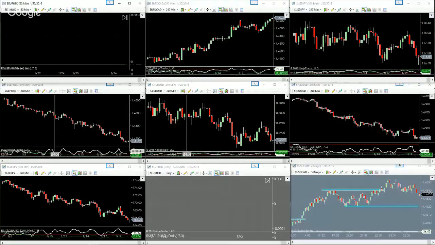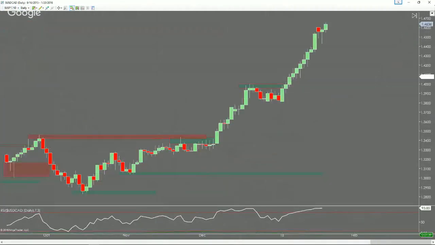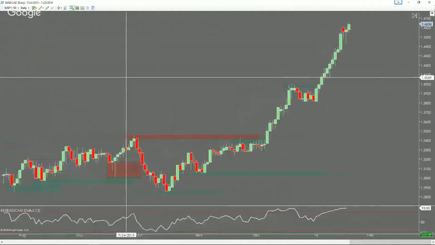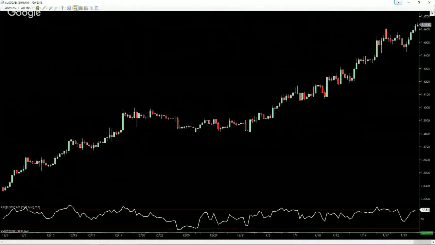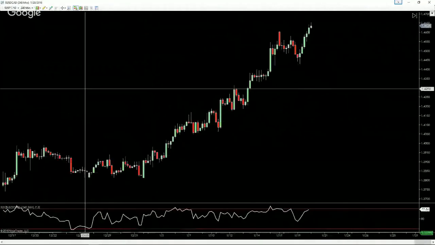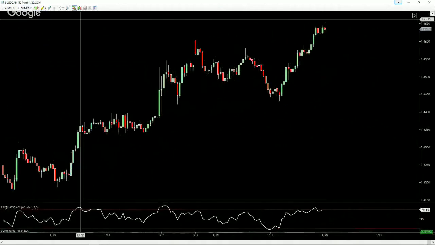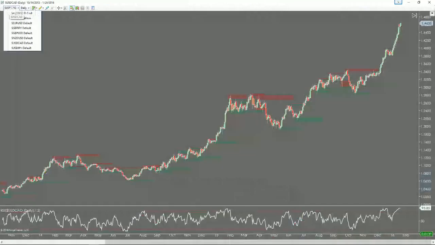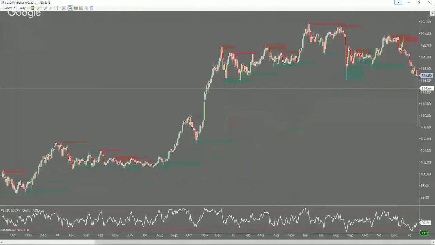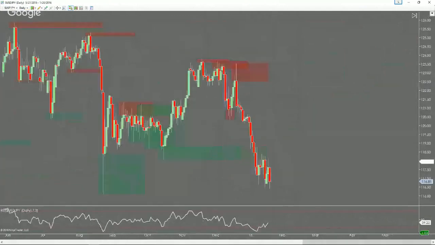Okay, so let's go to dollar CAD. Still extremely bullish. Nothing in the 240. Nothing in the 60. Dollar yen is still in that zone of support.